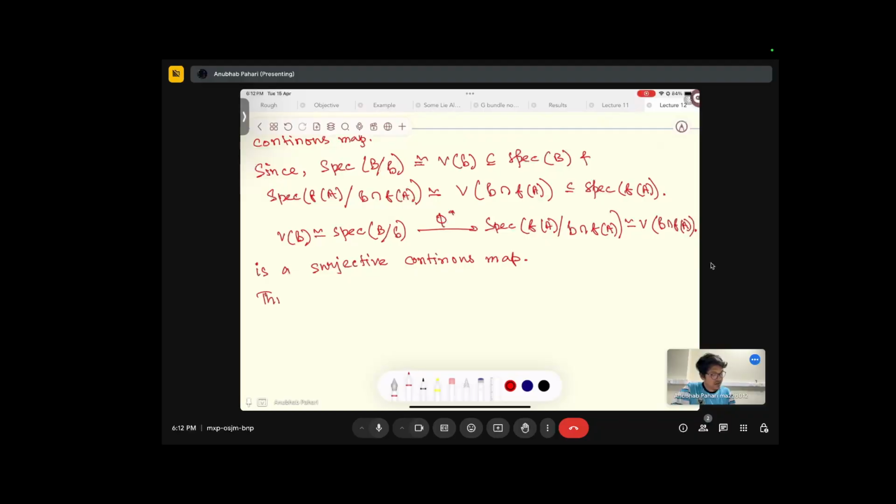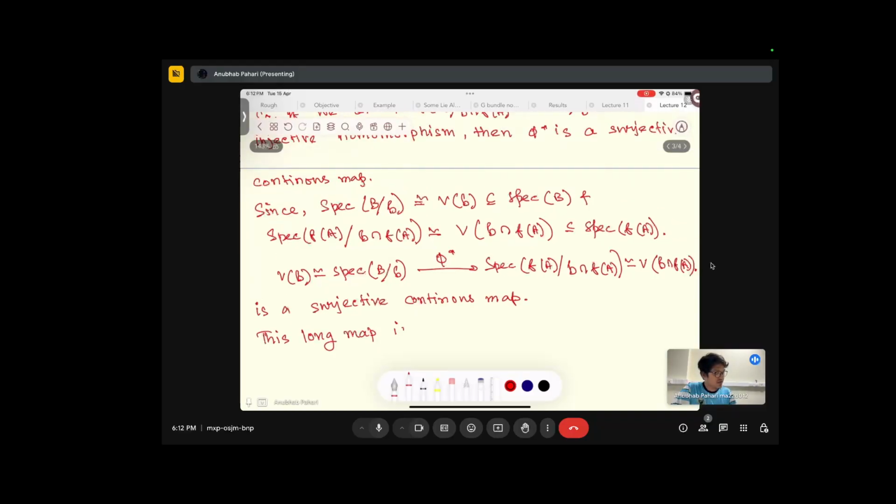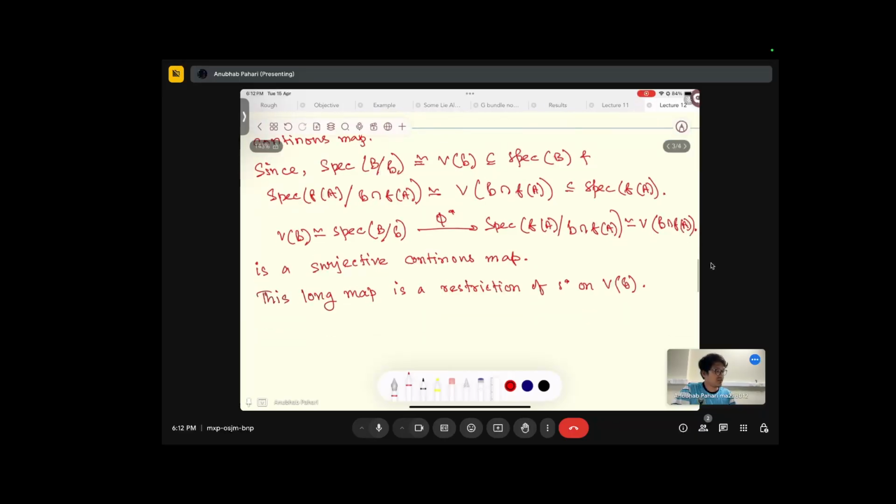This map is a restriction of S upper star on V(b). Thus S upper star V(b) equals V(b intersection f(A)).